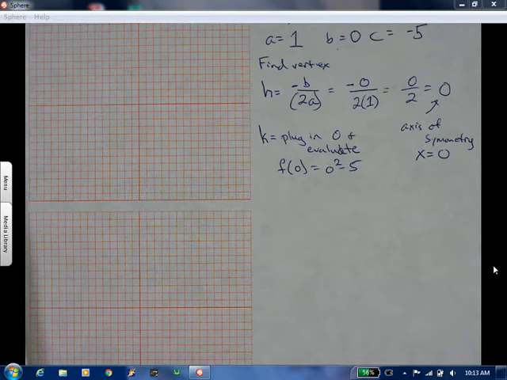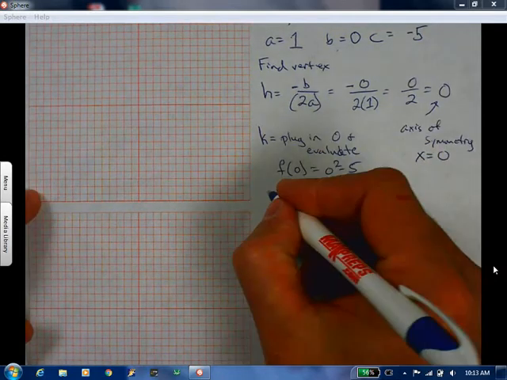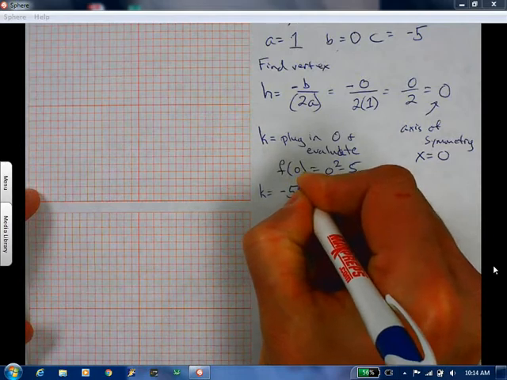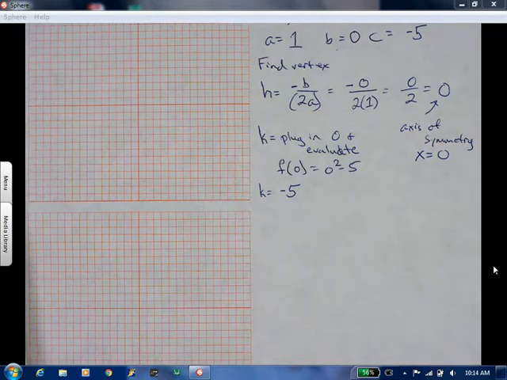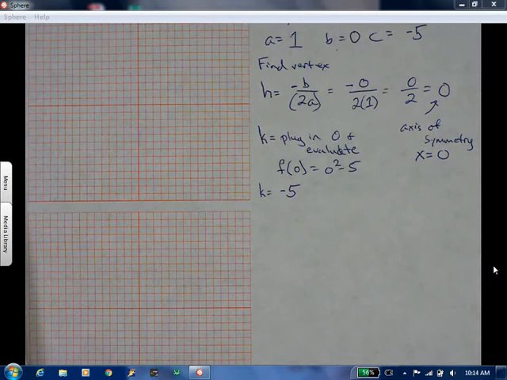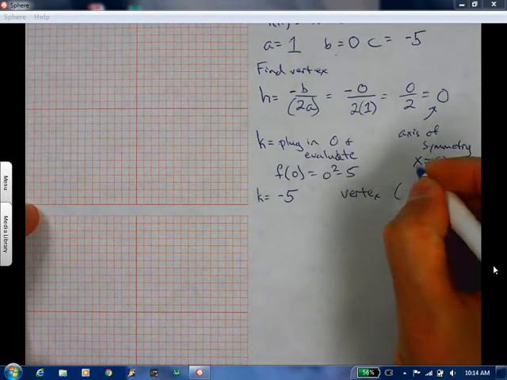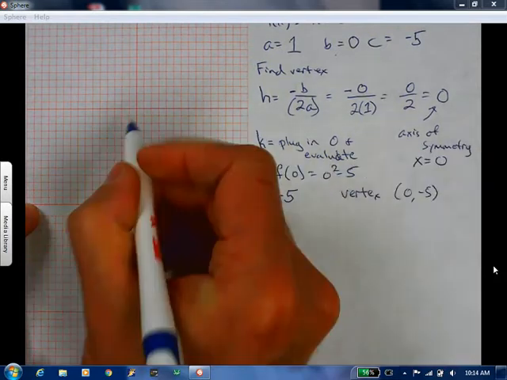Minus 5. So what's my k value? Negative 5. So you're going to square the 0 and then minus 5 after that. So that gives us a vertex of (0, negative 5) that we can put on our graph.